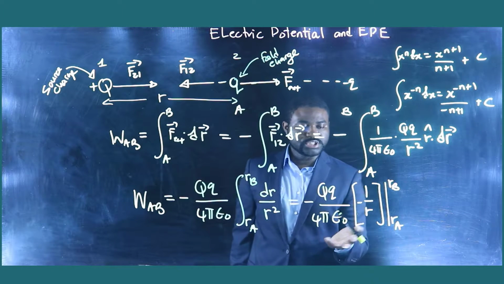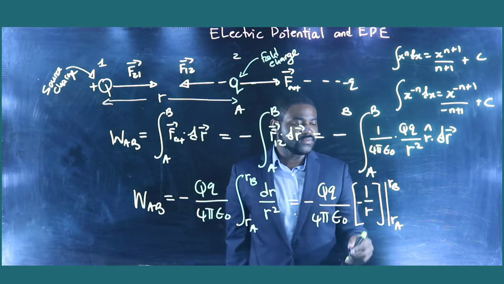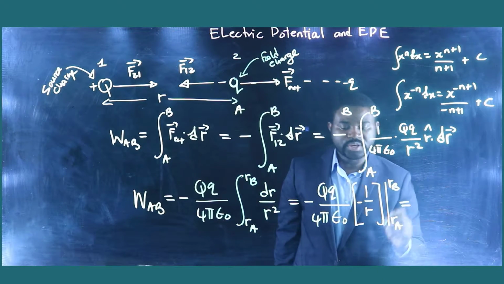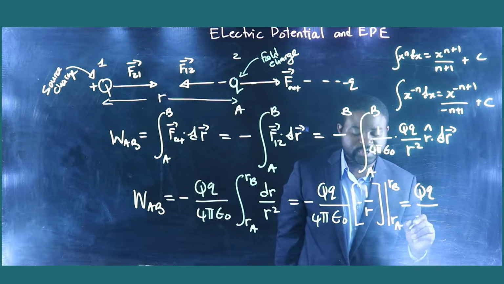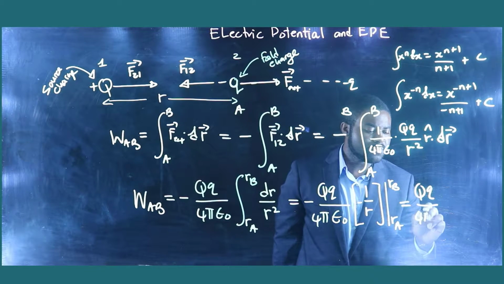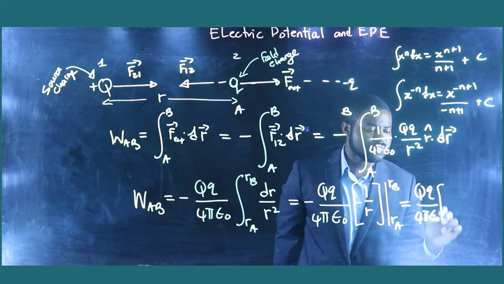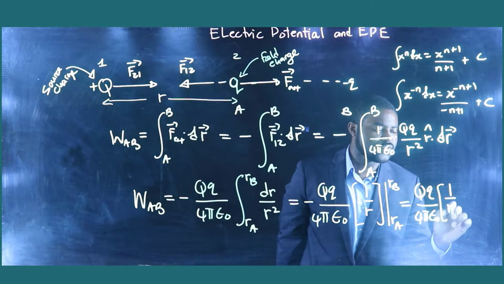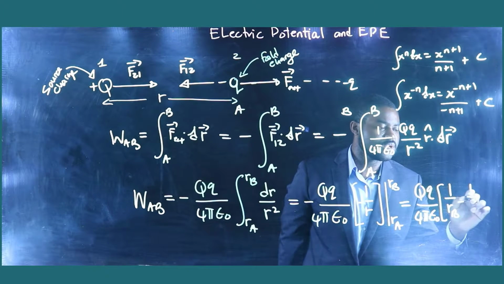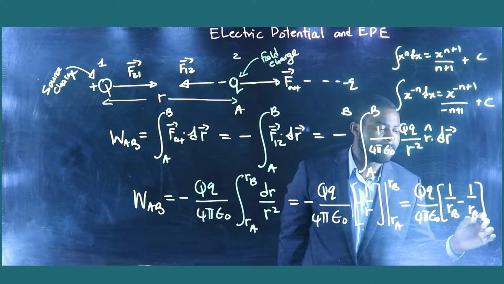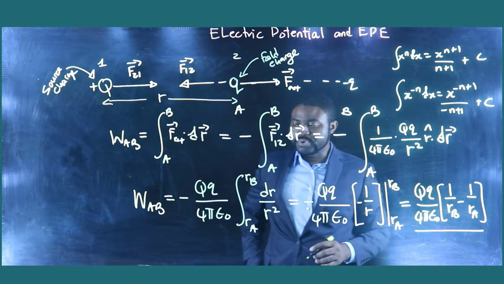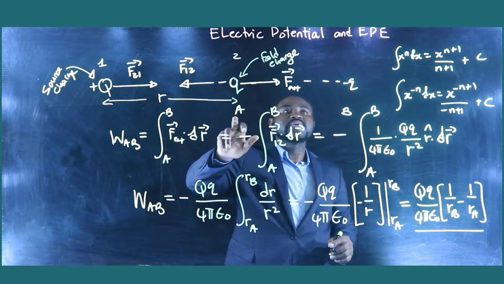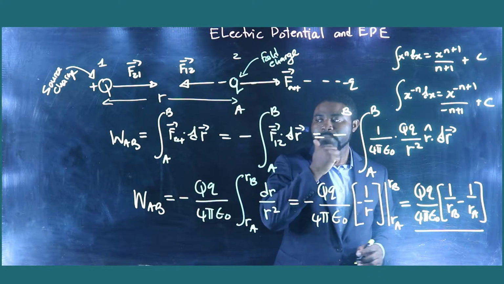That is the origin of this integral. So this will be equal to Qq divided by 4 pi epsilon naught, bracket 1 over r sub b minus 1 over r sub a. This is the work done to move the particle from point A to point B.